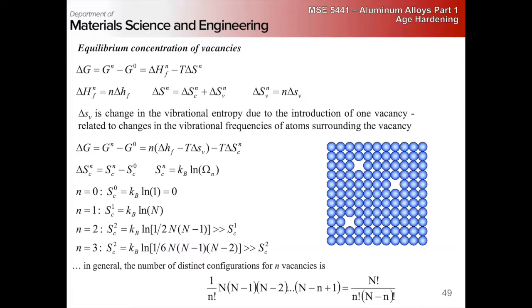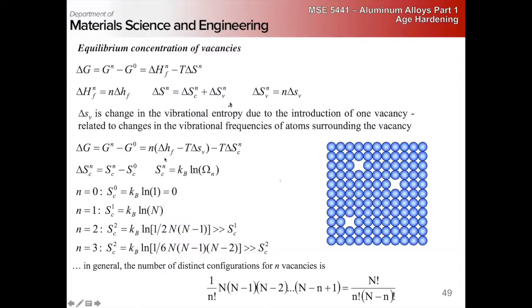You can think of a bunch of harmonic oscillators, a bunch of springs all connected, and it makes sense that if you vibrate that, it's going to vibrate differently if you're missing one of those connections than if you have them all there. So there's a vibrational component to the entropy.